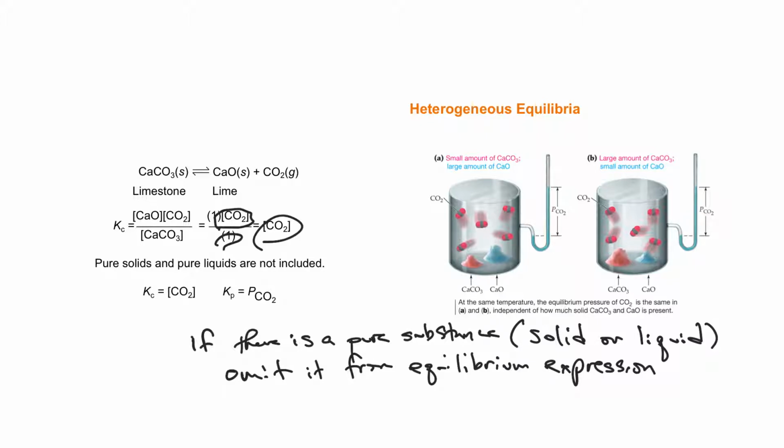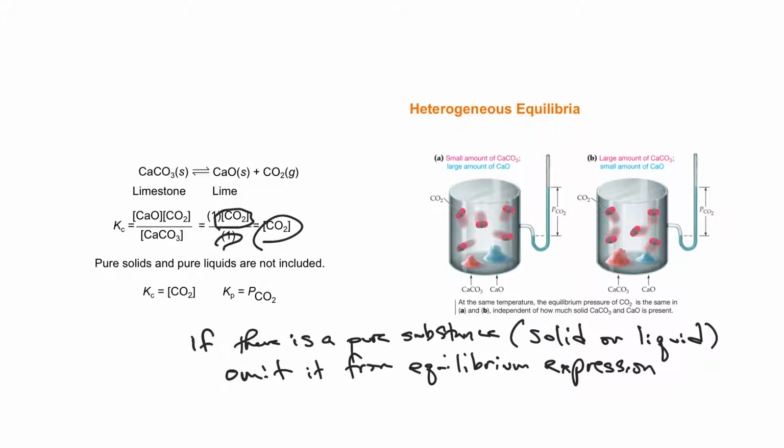You're only going to include gases or aqueous solutions, and that's all. So essentially, you just leave out everything that is not an aqueous solution or a gas. If it's G or AQ, you include it in the equation, and if it's an S or an L, you leave it out.